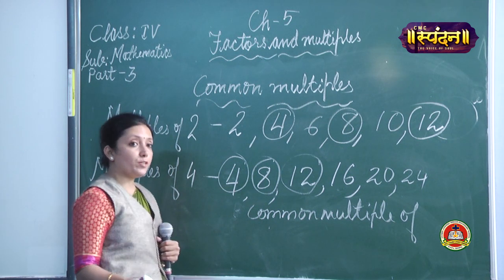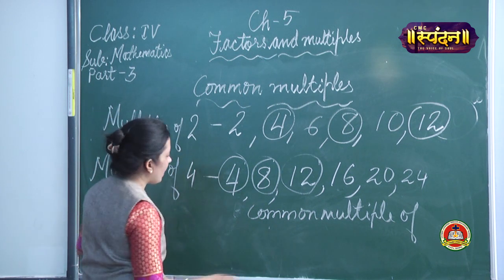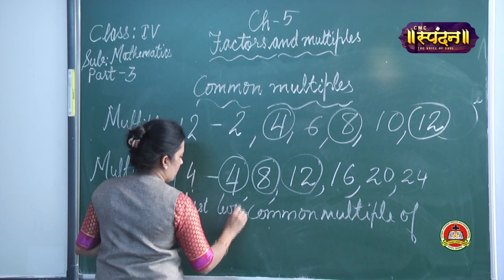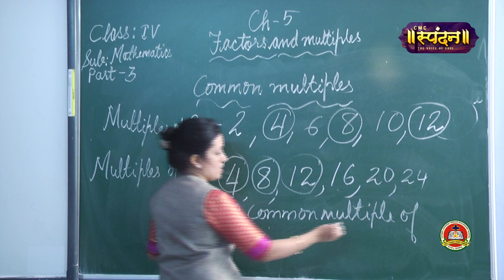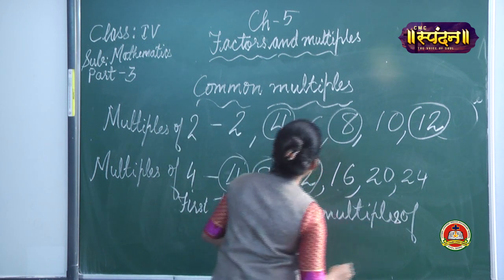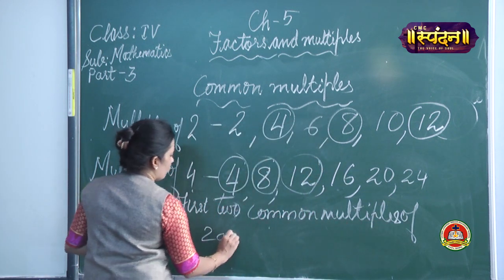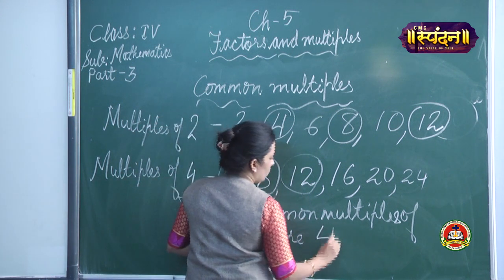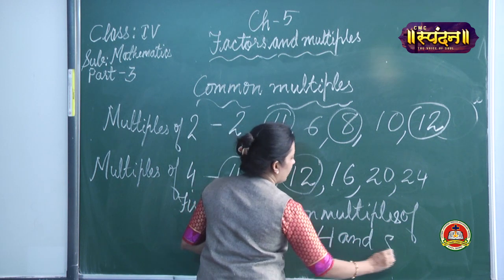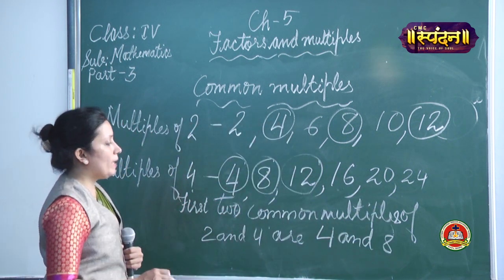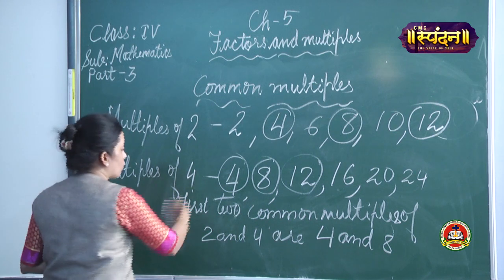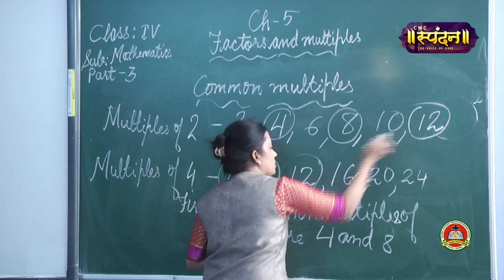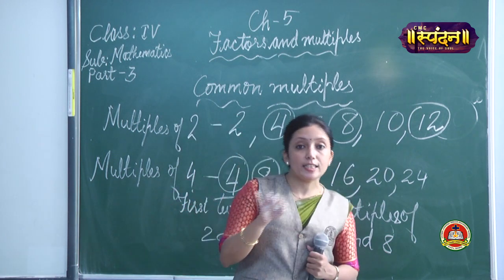If I have been asked only the first 2 common multiples of 2 and 4, they are 4 and 8. 12 is also matching, but I have been asked for the first 2. If I am asked to find the first 3, I will add this 12 also. So the common thing is very clear to you.